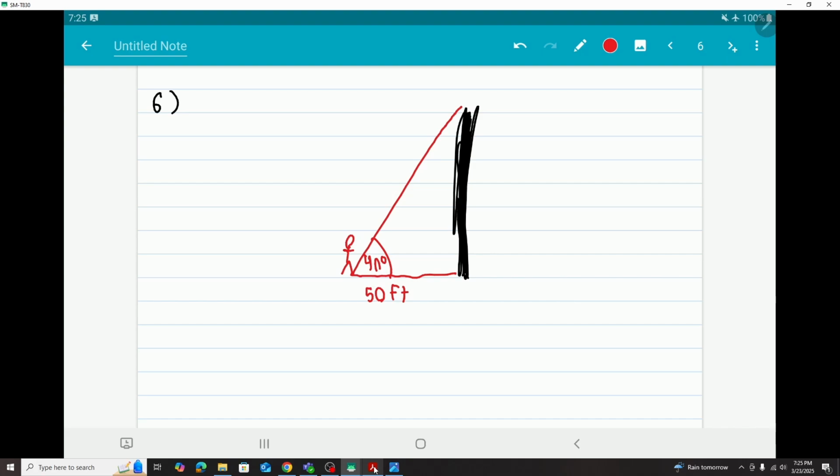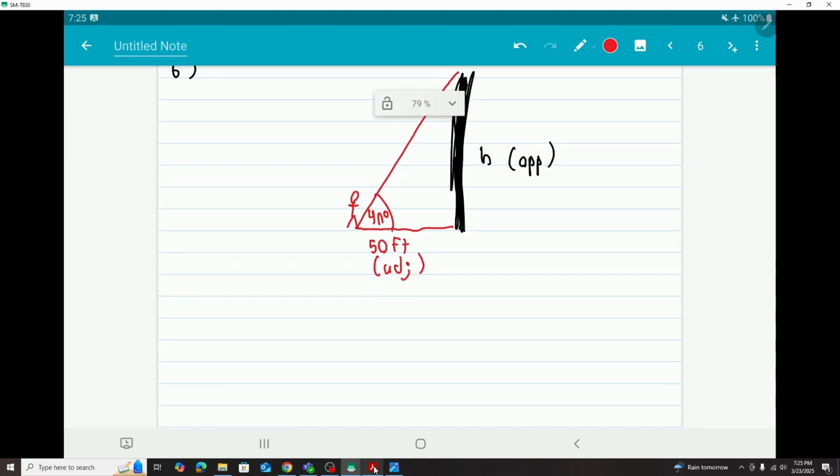And what are we looking for? We want to know the height of the building. We want to know this h. So now we think of trig in terms of triangles. We're going to use that instead. Here, h is the opposite side of this triangle. This 50 is the adjacent side of the triangle. If we have the opposite and the adjacent, then we can use tangent.